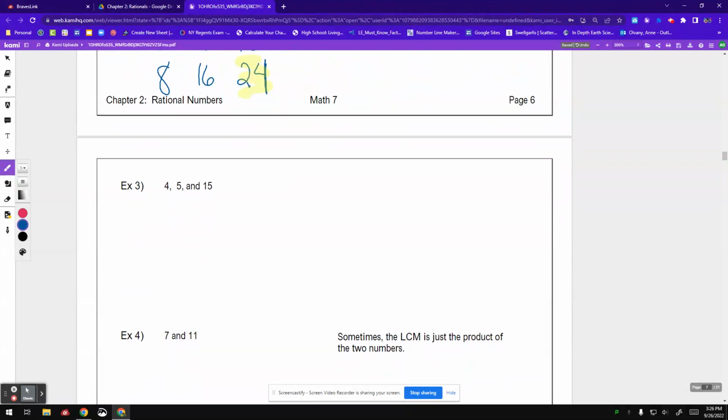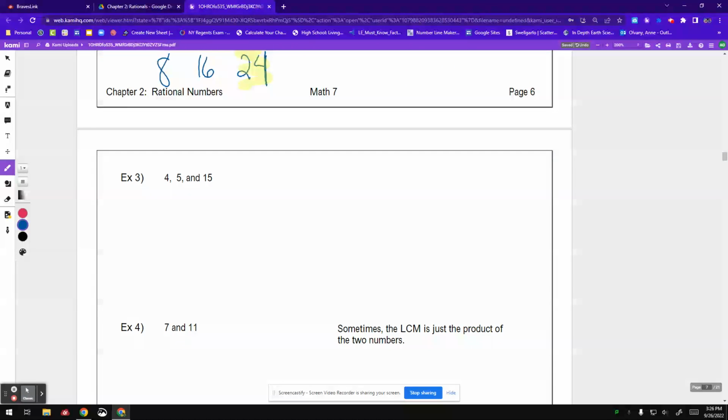Let's do 4, 5, and 15. 5 and 15 would be kind of easy if it's the only one we had to do, right? Because it would be 15. So 15, 30, 45.